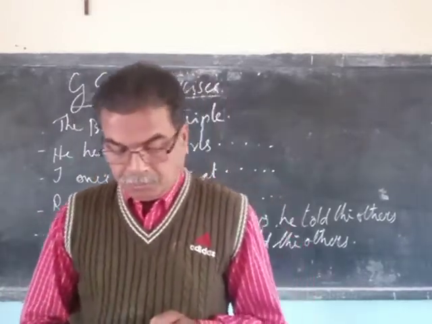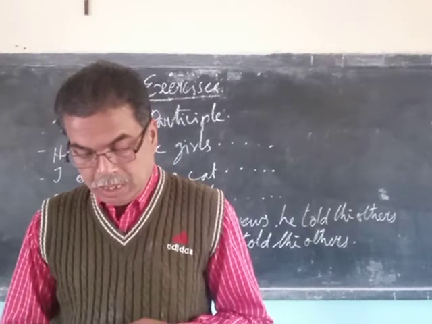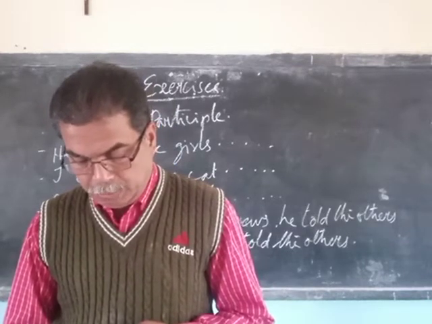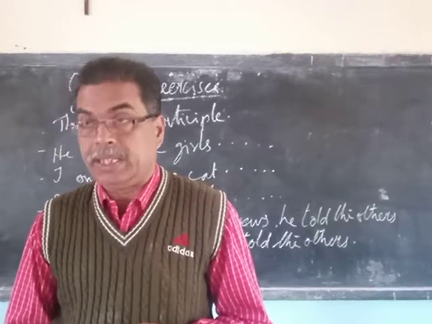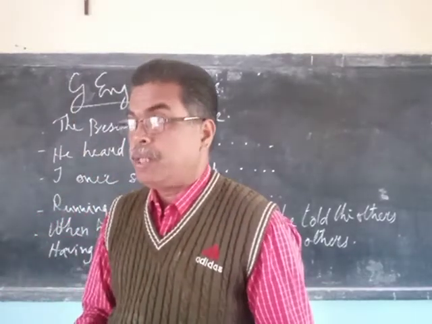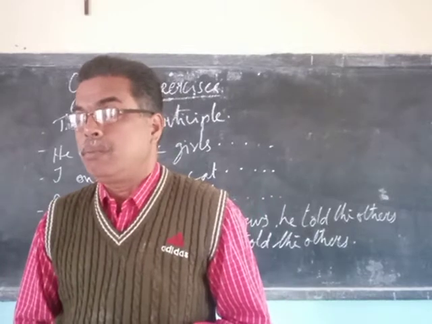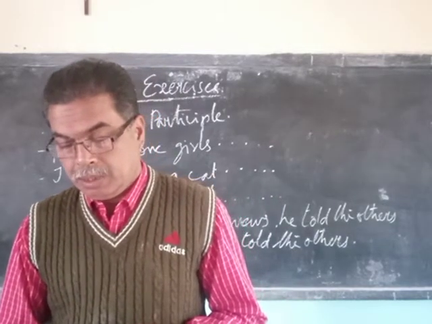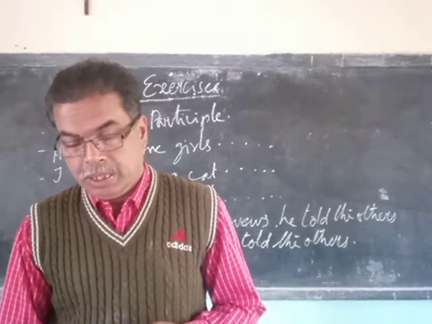Now, a participle phrase is also placed at the beginning of a sentence. What is a participle phrase? A phrase in which a participle is there. We saw it here.